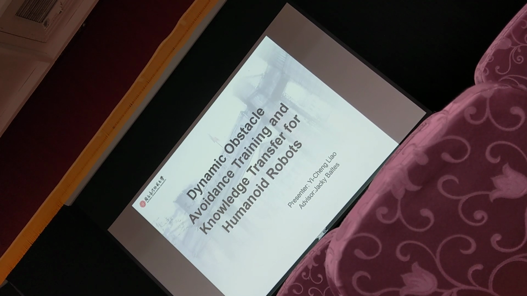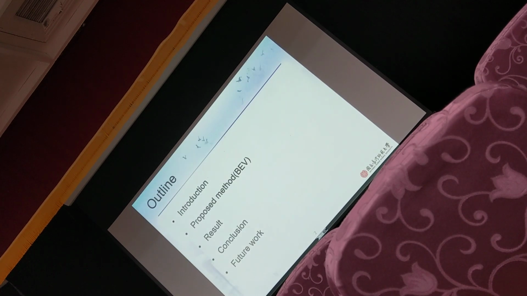Hi everyone, my topic is dynamic obstacle avoidance training and knowledge transfer for humanoid robots. My name is Ethan Liao, and my advisor is Ricky Pao. This is my outline.